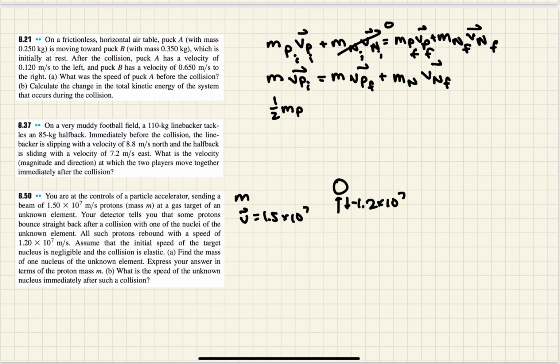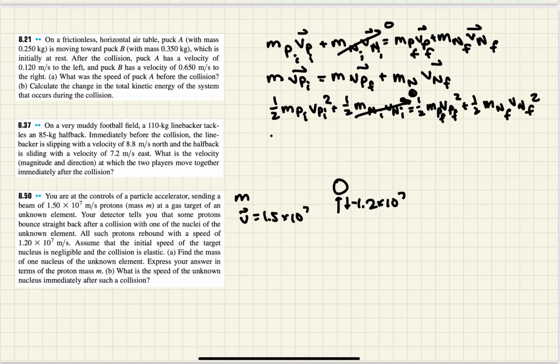The other equation is the kinetic energy equation, where we have kinetic energy initial is equal to kinetic energy final. So that means 1/2 MPI VPI squared plus 1/2 MNI VNI squared is equal to 1/2 MPF VPF squared plus 1/2 MNF VNF squared.